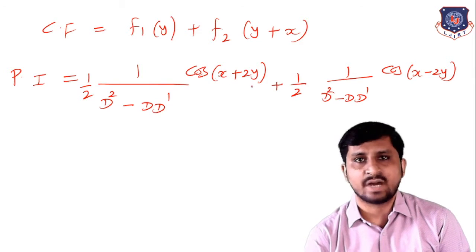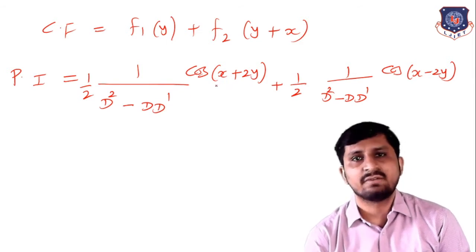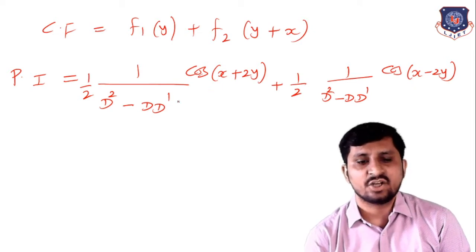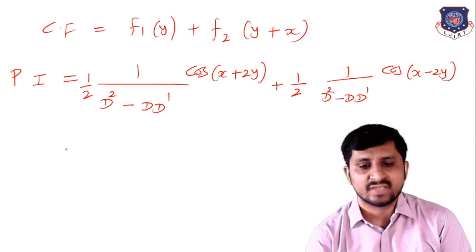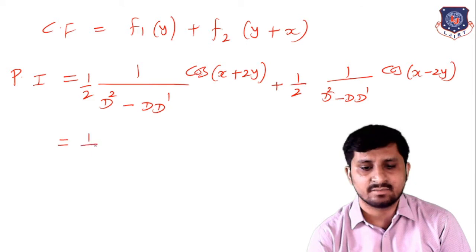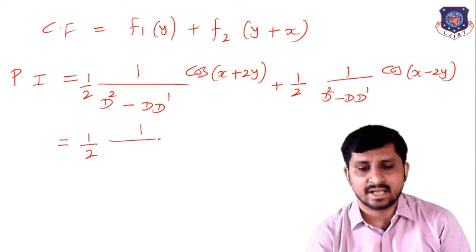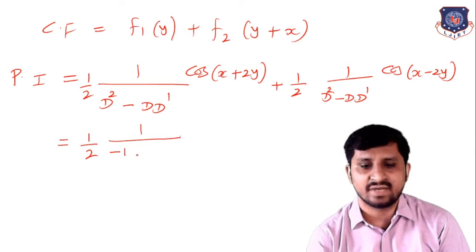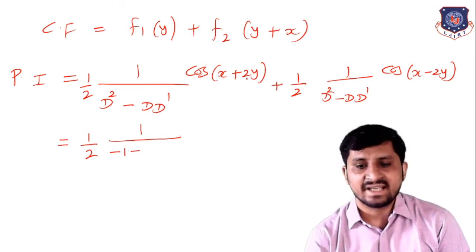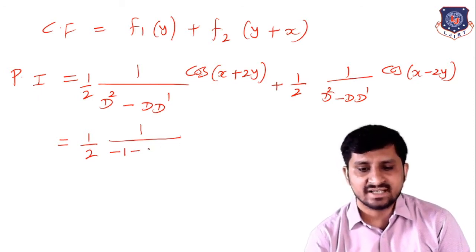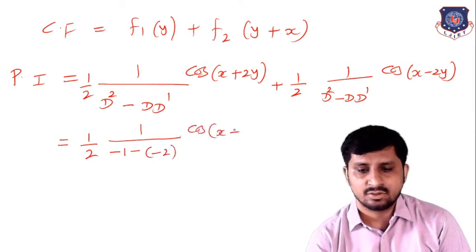Now you can understand. For x plus 2y, instead of D square we take minus a square, so minus 1, and instead of D D dash we take minus ab, that is minus 1 into 2, which is minus 2. So I can write 1 by 2, 1 upon minus 1 minus (minus 2), of cos(x plus 2y).